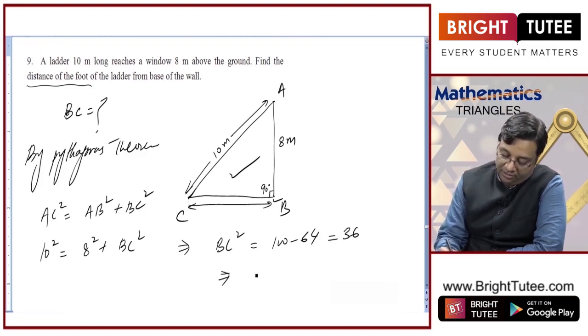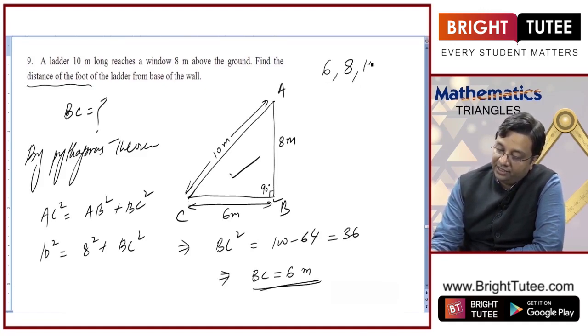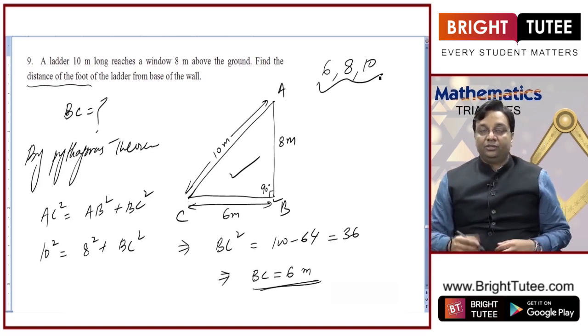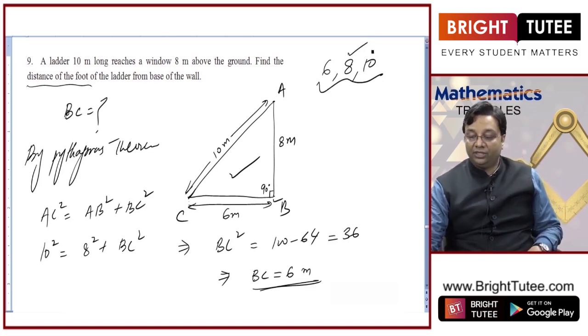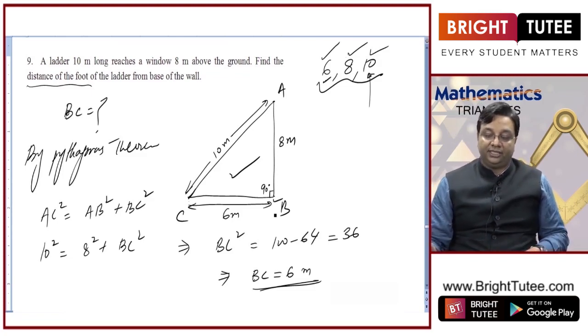So this implies BC will be equal to root of 36, that is 6 meter. And you can memorize these 6, 8, 10 as Pythagorean triplets. So if in a right angle triangle you are given two sides as 8 and 10, then the third side will be 6 if 90 degrees is opposite 10, right? So 6, 8, 10 are Pythagorean triplets.